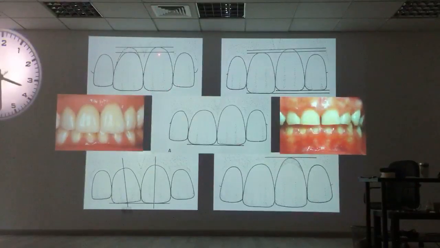So if you're placing an implant even only here, imagine you're only placing it here, and this tooth exists, you will add 3 mm on top of this, and then you place the implant here. Same you will do for this.